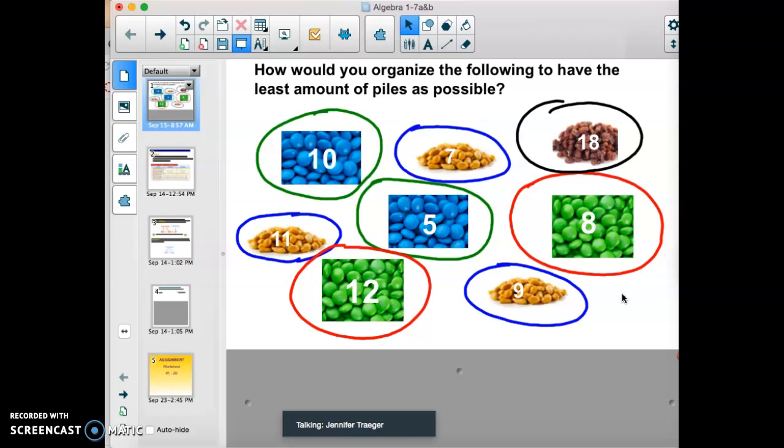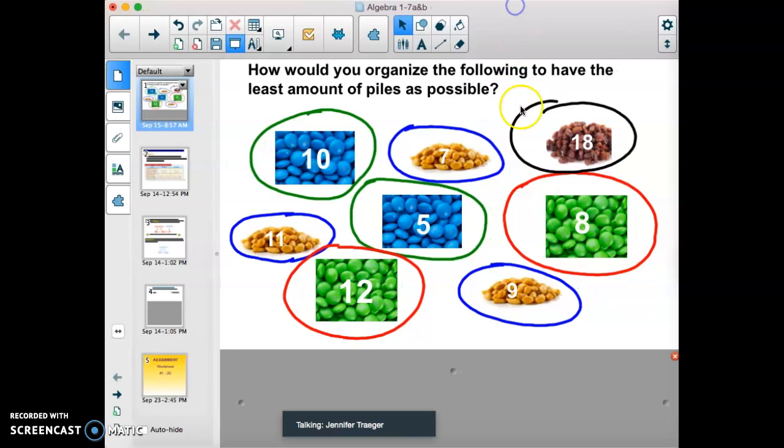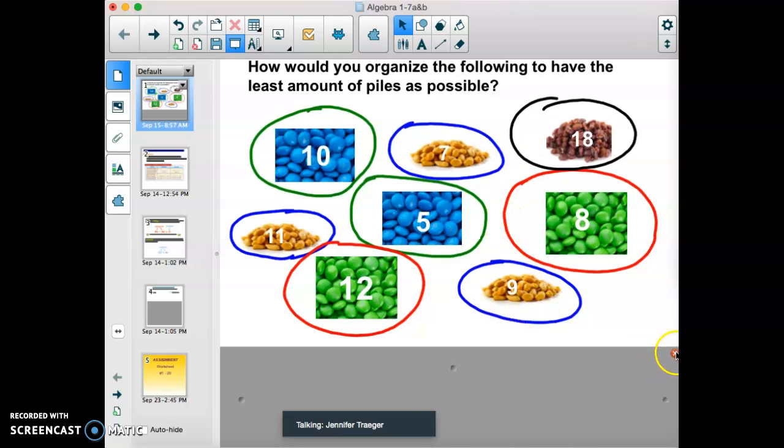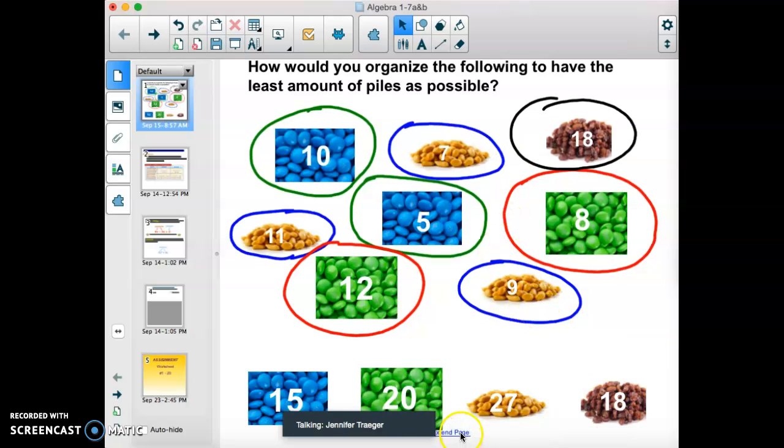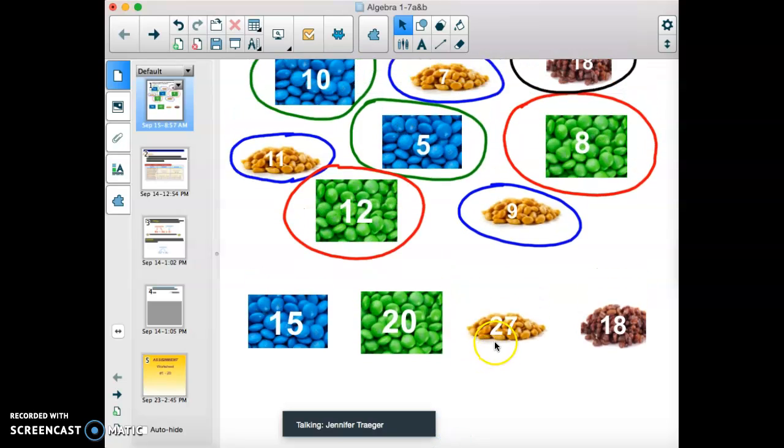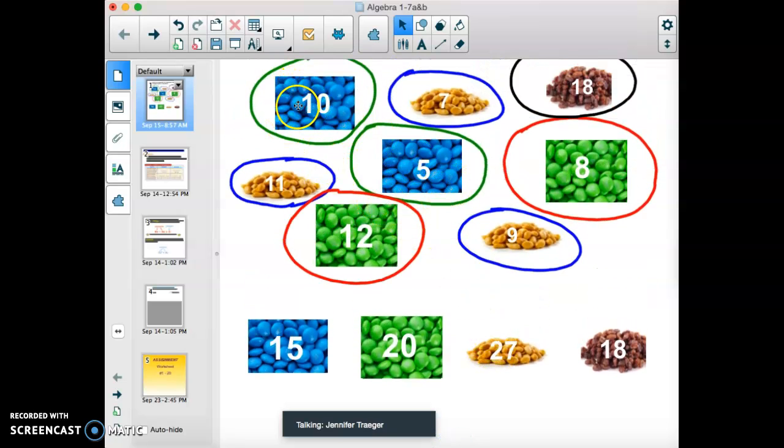And when we put all the like things together, we end up with a certain number in each pile. And I have that down here. So in other words, when I add this total amount of blue M&Ms, I had 15 of them. I had 20 green M&Ms, and so on and so forth. Now they are organized and they are efficient and simplified, right?